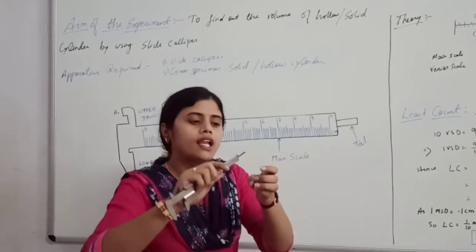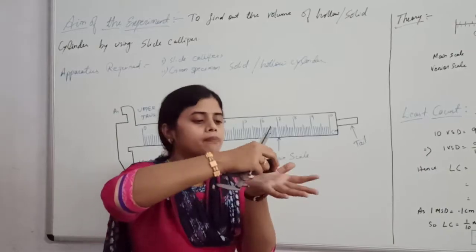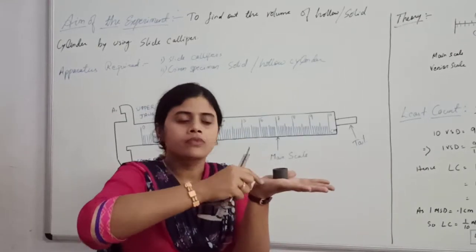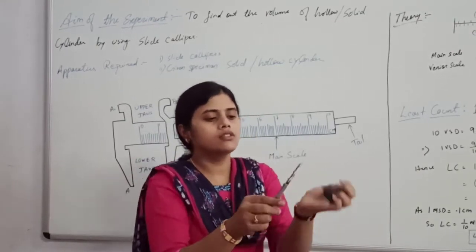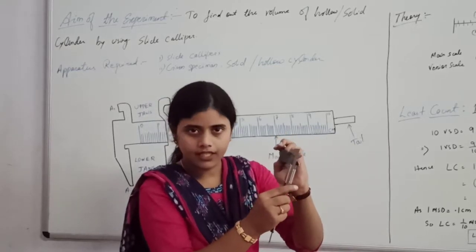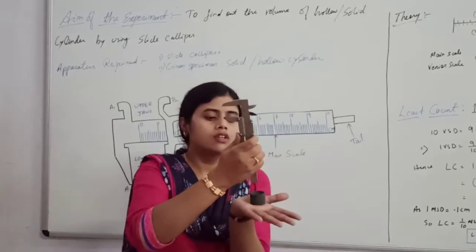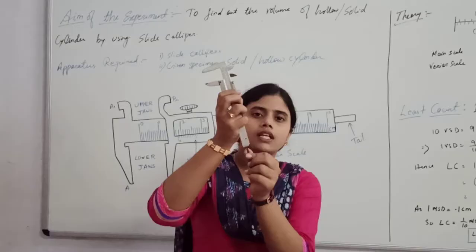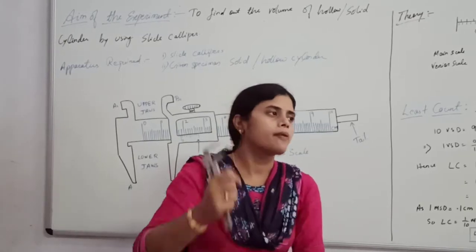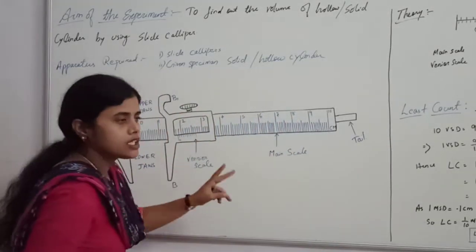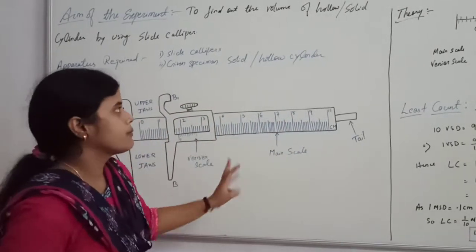Then by using this tail we can find it, because the base is closed, so you cannot find the height just like this. You can find the external height, but for the depth you have to take the help of this tail to find the depth. So this is all about the various parts of the slide caliper.